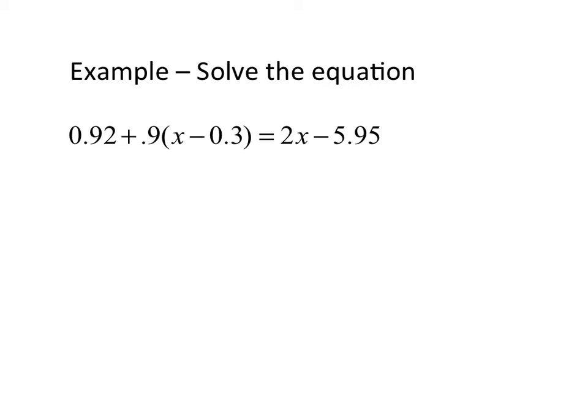So here we see the same equation that we saw before, but this time we're going to see how it would look if we tried to get rid of some of these decimals by multiplying by an appropriate power of 10. So we see 2 decimals here and we see 2 decimals here, so maybe if we multiply by 100, that'll be enough to get rid of those decimals. So let's try that.